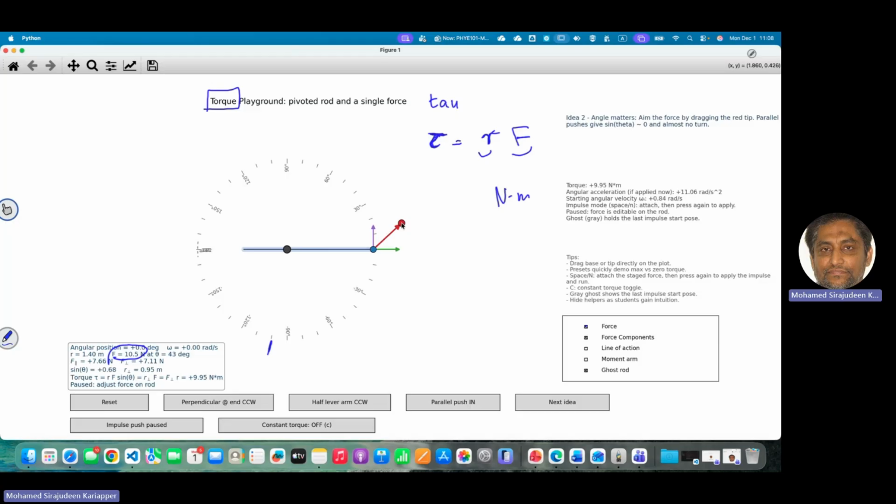One is parallel to the rod, the R direction, and one perpendicular to the rod, the purple one. Green is the parallel component. We can show it like this, F parallel, and this is the perpendicular component, perpendicular to the R along the rod. I'm making sure this is still 9 Newton. It is 10.5, it is more, so I have to reduce it to 9 Newton.